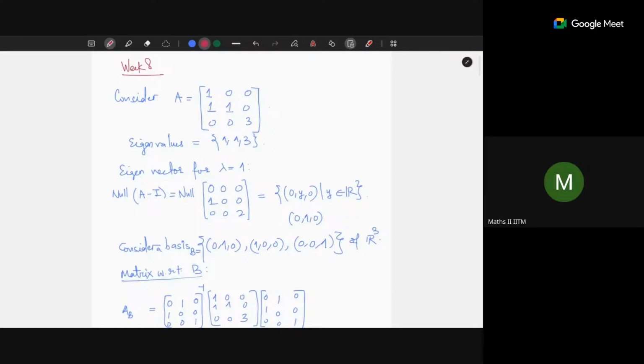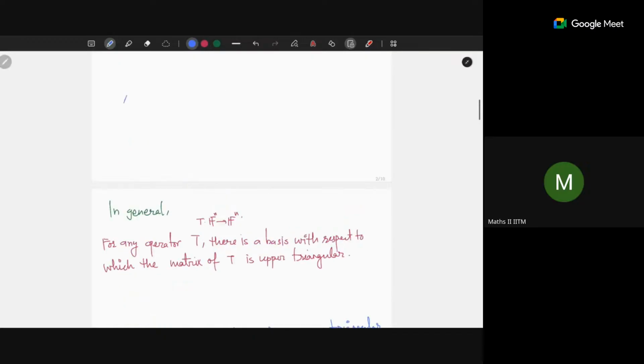So what I'm saying is that you can have an example like this. You can have a matrix like this: 0, 1, minus 1, 0.